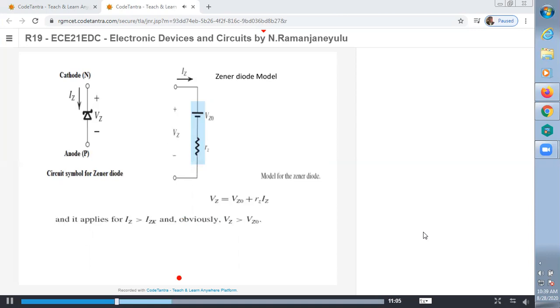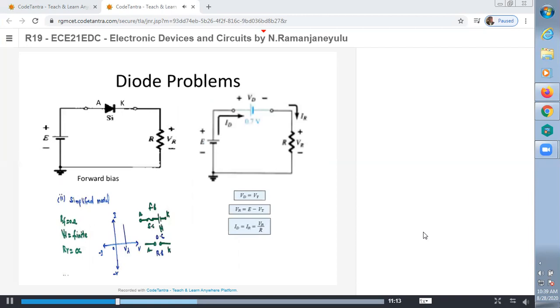Now we discuss diode problems. Before entering into the Zener diode problems, we first discuss ordinary diode problems: diodes connected in series, in parallel, or in some specific pattern.